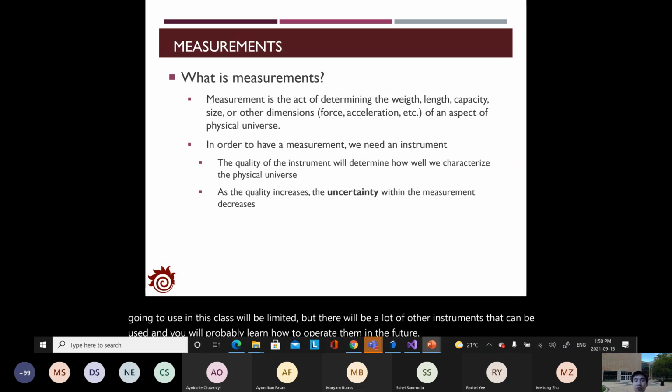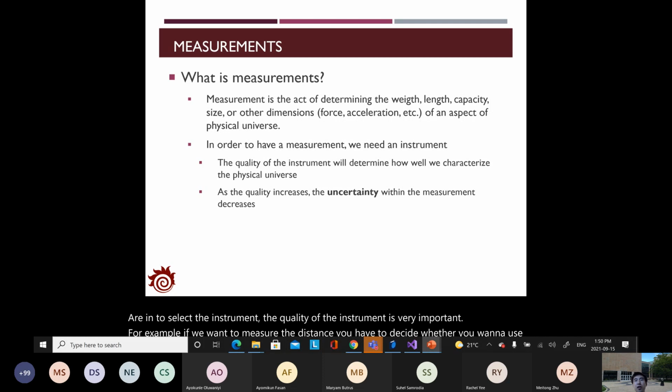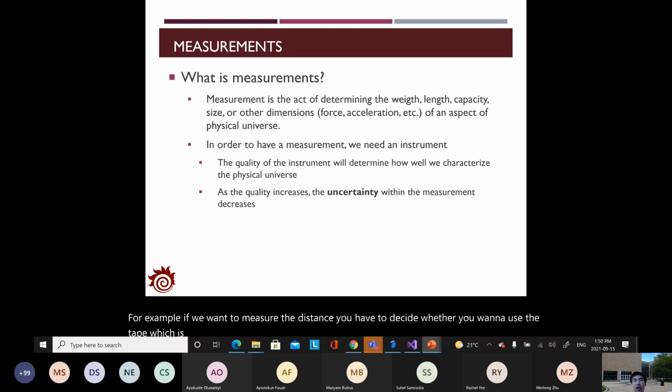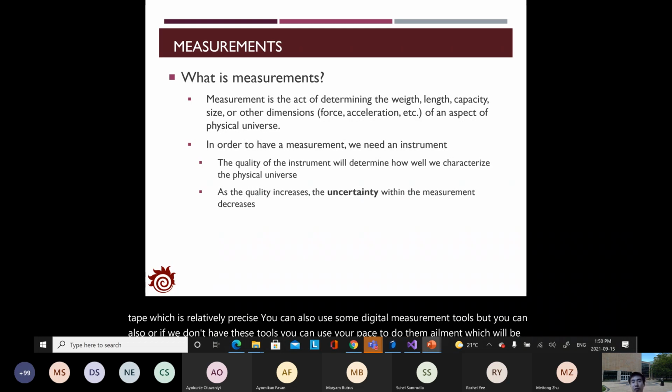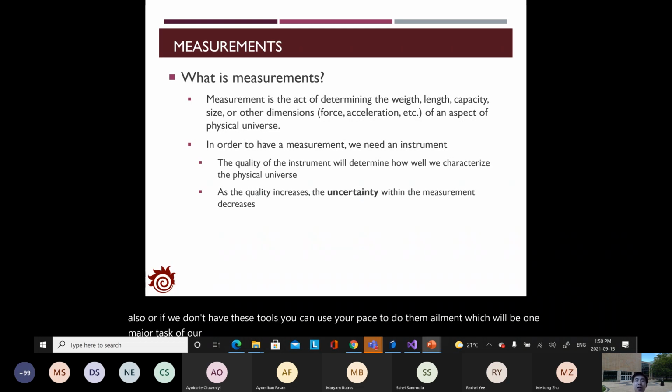To select the instrument, the quality of the instrument is very important. For example, if we want to measure the distance, you have to decide whether you're going to use the tape, which is relatively precise. You can also use some digital measurement tools. But if you don't have these tools, you can use your pace to do the measurement, which will be one major task of our first lab experiment.